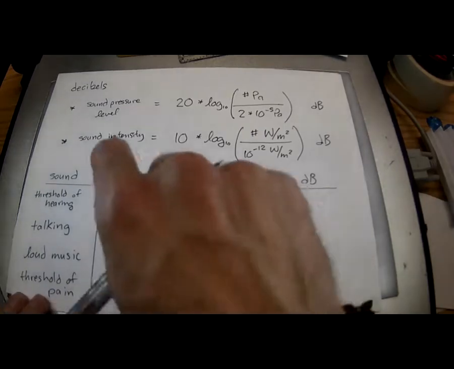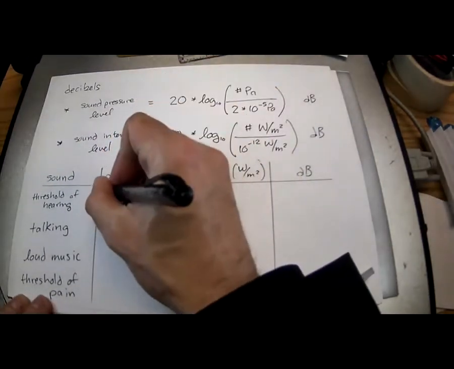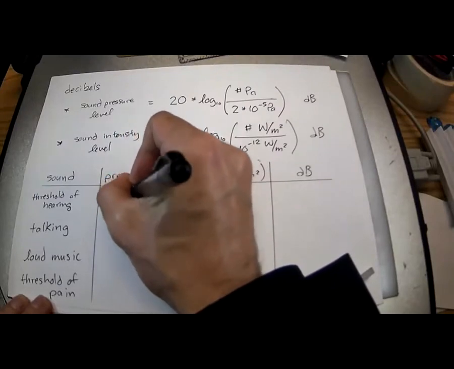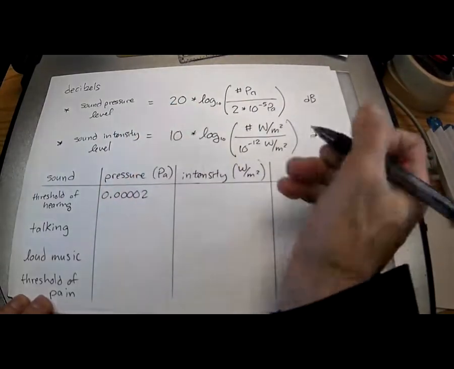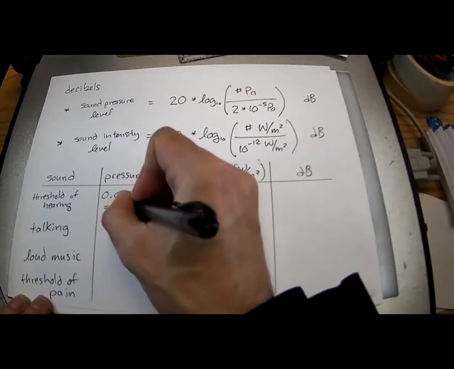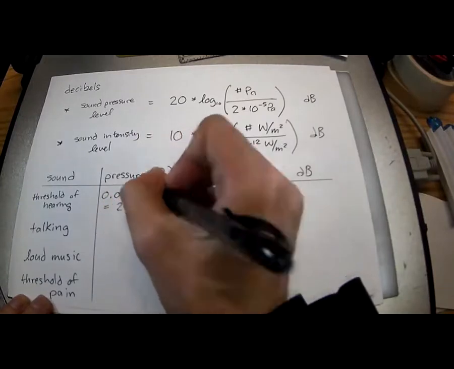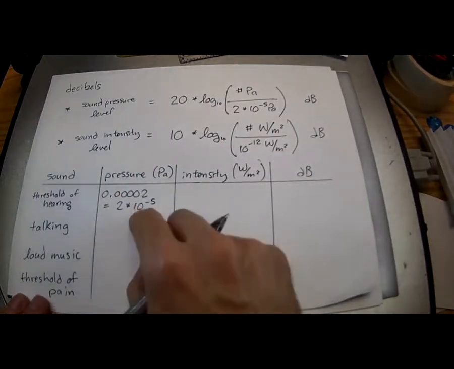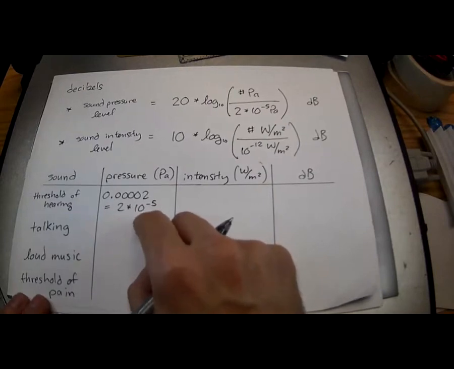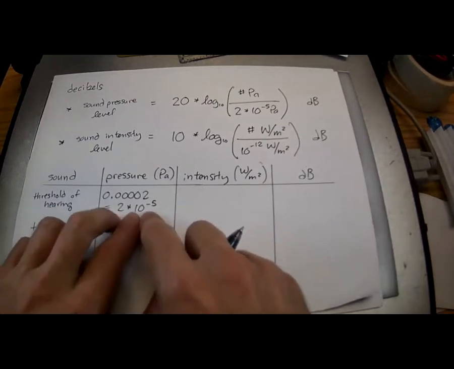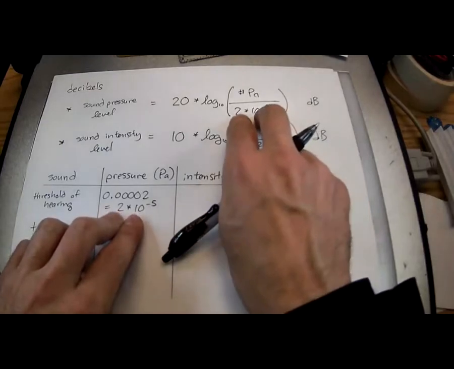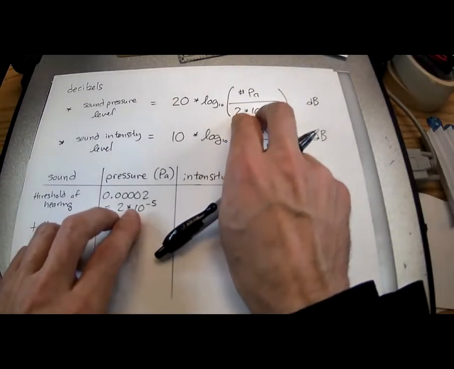So, threshold of hearing is about 0.00002 pascals. You can call that 2 times 10 to the negative 5 pascals. So a very tiny number of newtons per square meter. Hey, that number, 2 times 10 to the minus 5, that's this number right here. Okay, I see sort of where this is coming from.